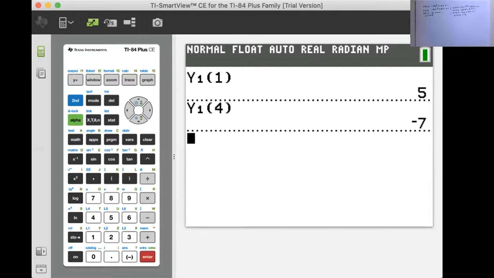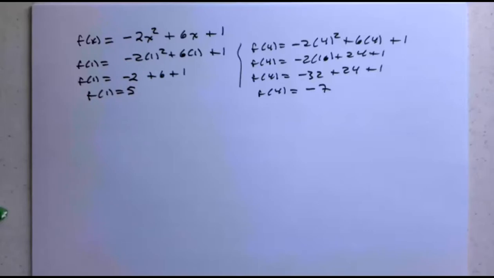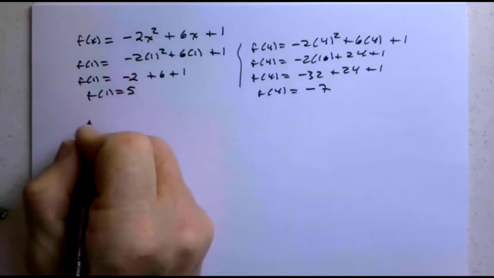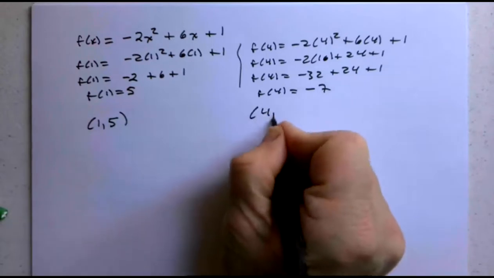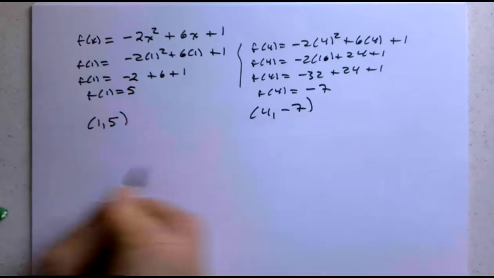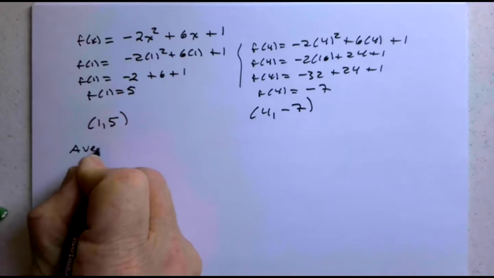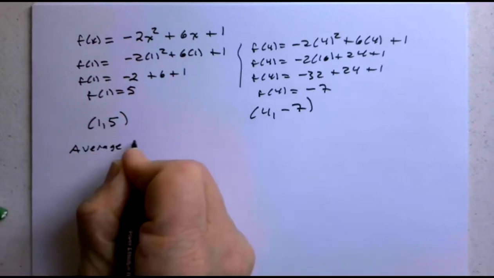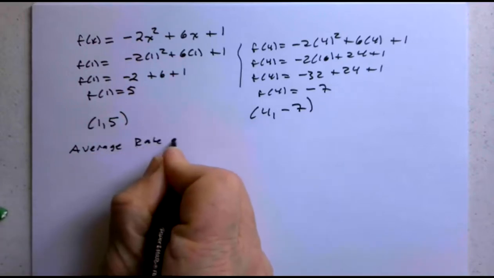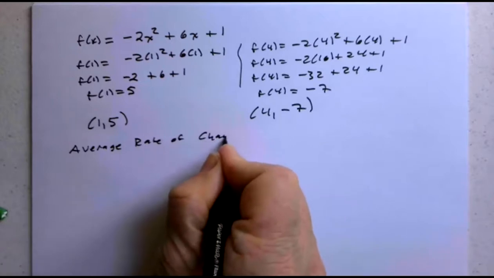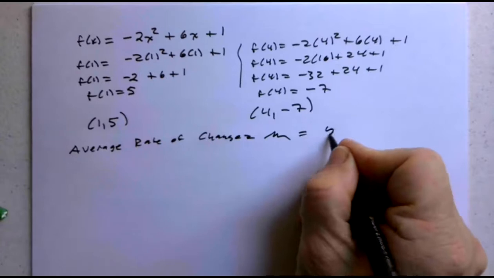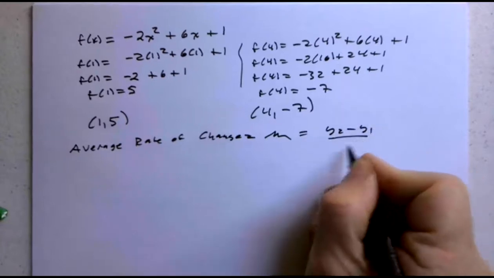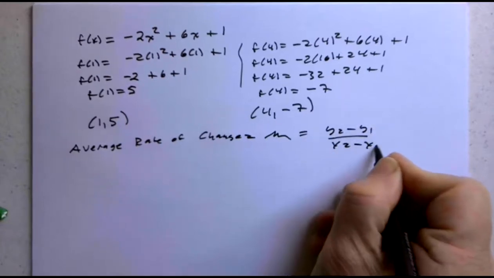And it is. So how do we find the average rate of change? In essence, I have these 2 points. My starting point is 1, 5. My ending point is 4, negative 7. The average rate of change is the slope between those 2 points, which is y2 minus y1 over x2 minus x1.